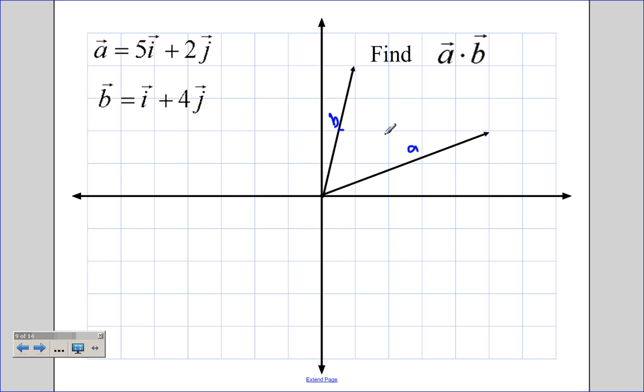Our first step is to find the magnitudes. The magnitude of A is going to be 5 squared plus 2 squared, and then square root that. So that's going to be 29, so that's the square root of 29.